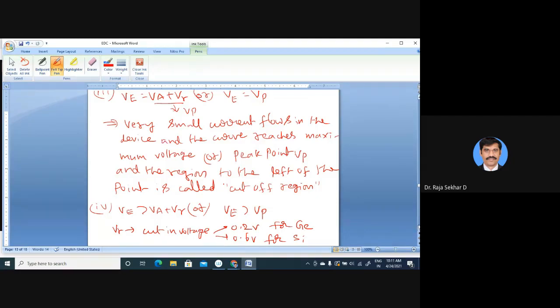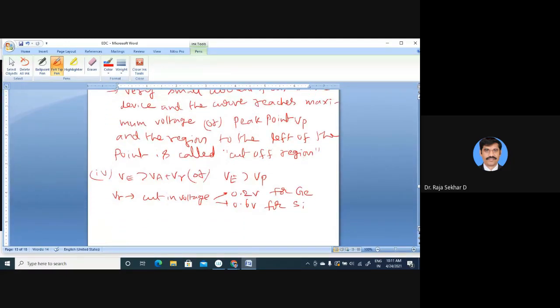Now can you tell me, what is the status of the diode? Here PN junction is forward bias. Now UJT is on. PN junction transistor is on.